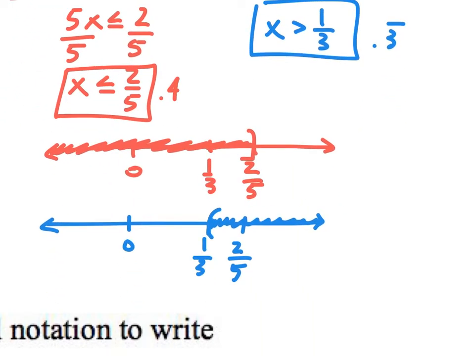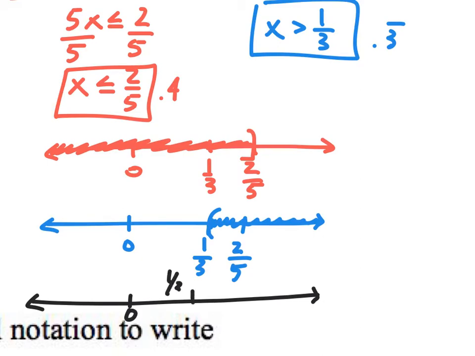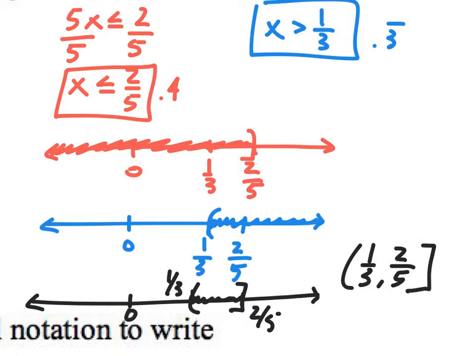If I were to graph all this on a number line, here we're going to have 0, here 1/3, here 2/5. Put this in a parenthesis, put this in a bracket, and we're going to shade in between. So in interval notation, I'm going to write 1/3, comma, 2/5, bracket. Make it look like a bracket.